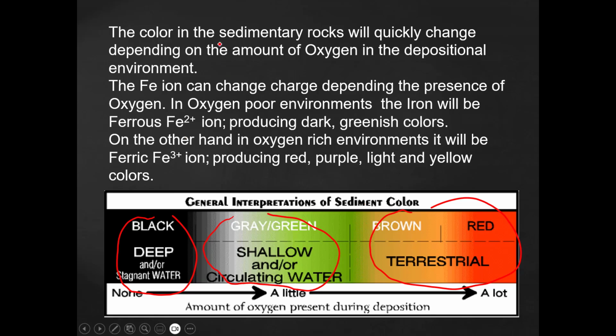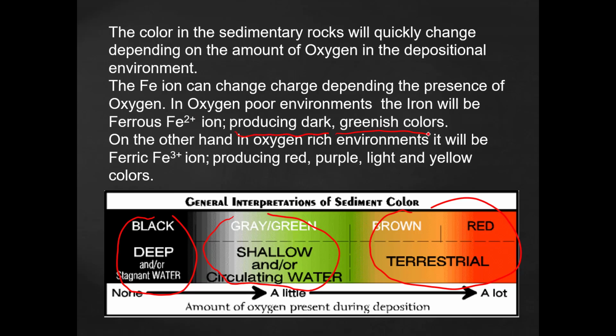So it's really important to understand that the form of the iron in the sedimentary rocks depends on the oxygen exposure. When you have an oxygen-poor environment, the iron will be ferrous iron, Fe2+, and it will produce dark or greenish colors.